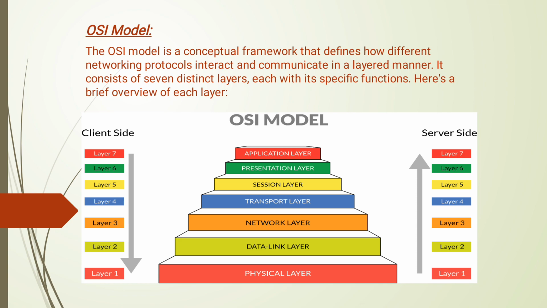As you can see, the OSI model is a conceptual framework that defines how different networking protocols interact and communicate in a layered manner. It has 7 different layers, each with a specific function, and let's briefly look at an overview of each layer.